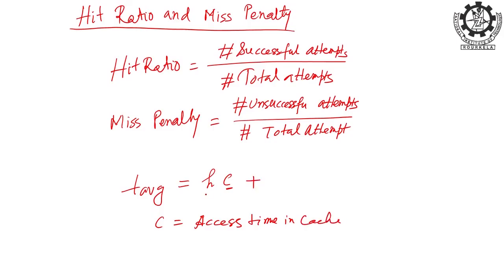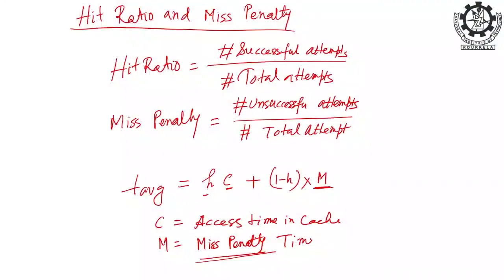And then if the hit ratio is H, then the miss rate will be 1 minus H, and then this is multiplied by the penalty M, where M is the miss penalty time. Yes, 1 minus H is the miss rate, C is the access time. We are talking about access time. So, M is the miss penalty time.